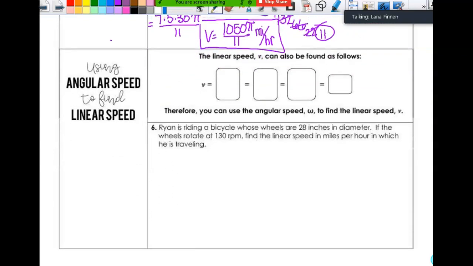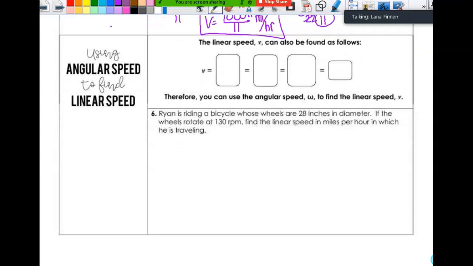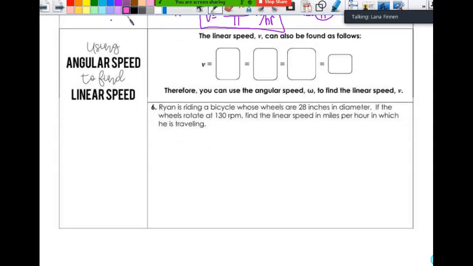So let's think about what we do know. We know the linear speed formula: velocity is equal to s over t. And we know that s is arc length, so that could be r theta over t. I just substituted in r theta. I'm going to take that fraction and write it in a different form so that it looks like this.